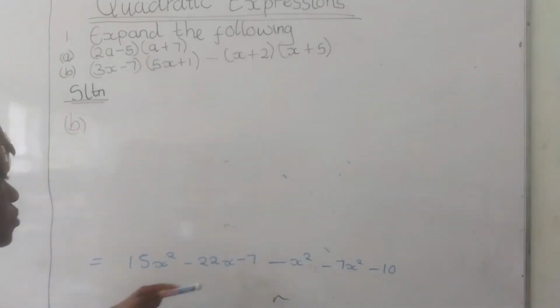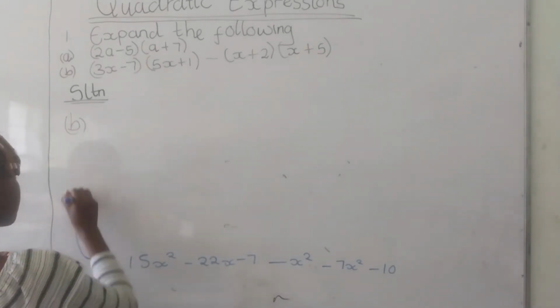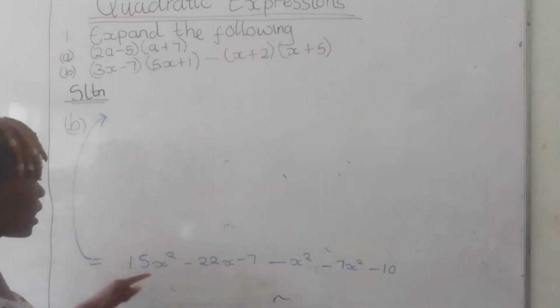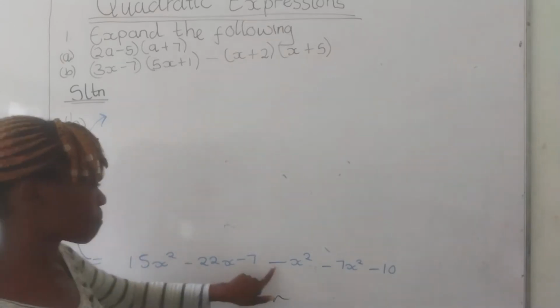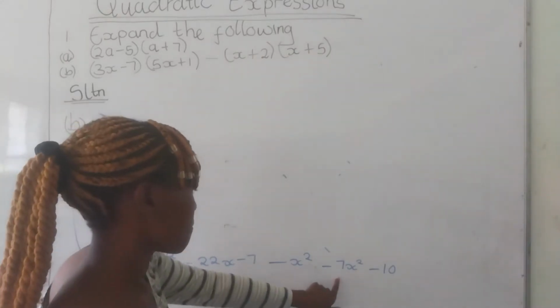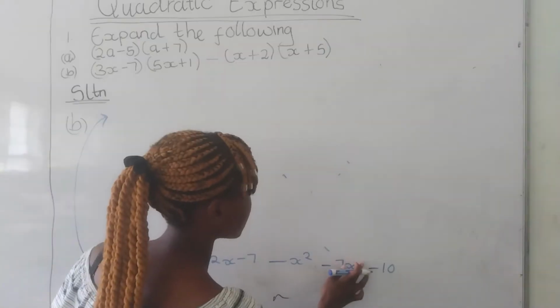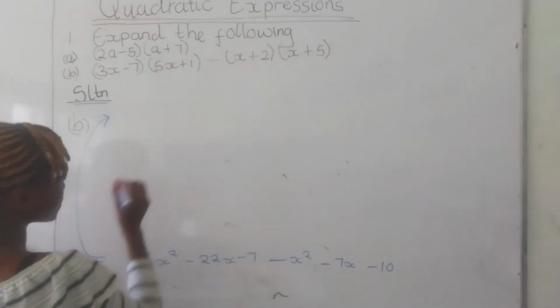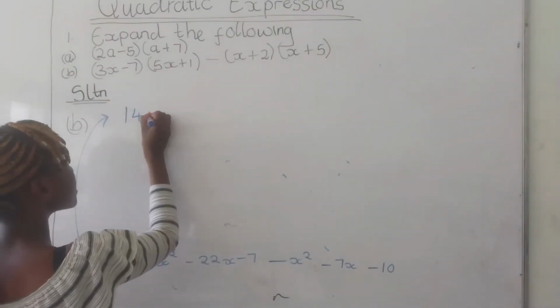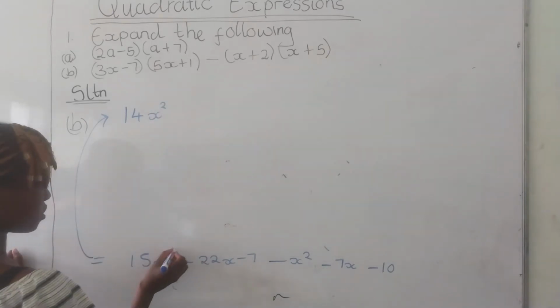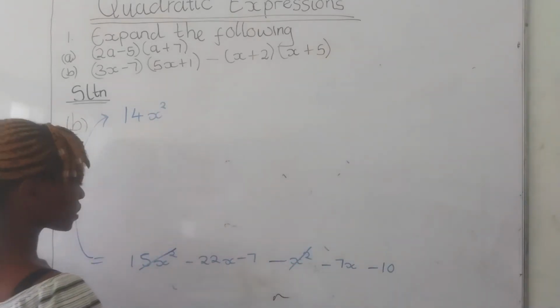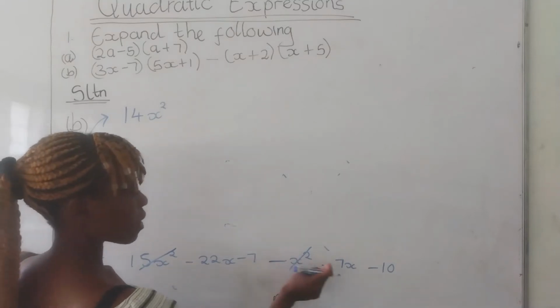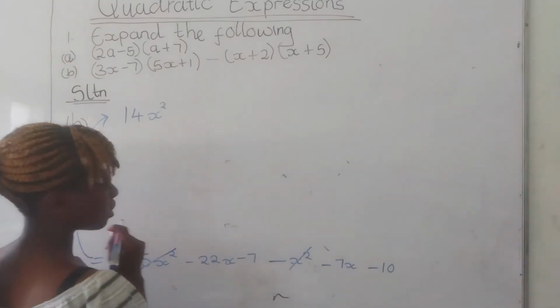Okay, so for this part we now simplify. 15x squared minus x squared. This was 7x, not x and 7. 15x squared minus x squared, we get 14x squared. Minus 22x minus 7x, what do we get?